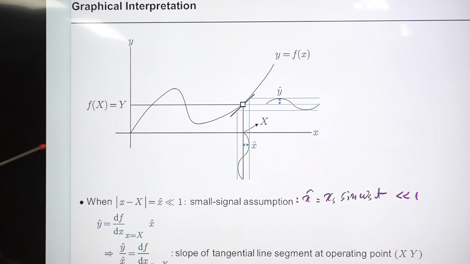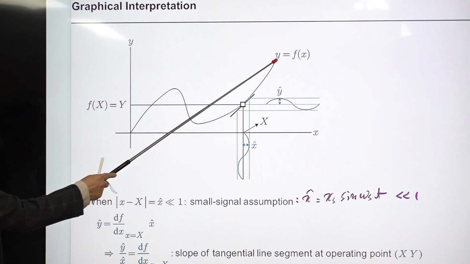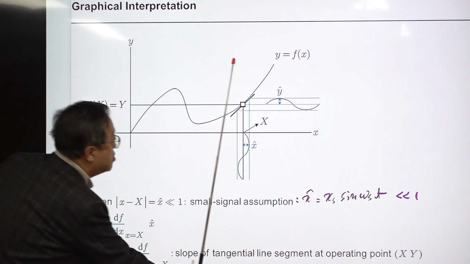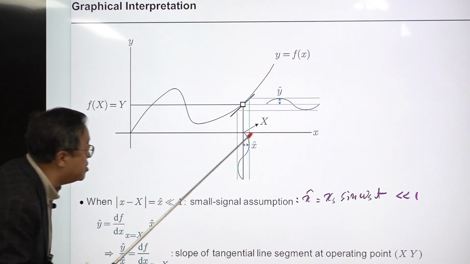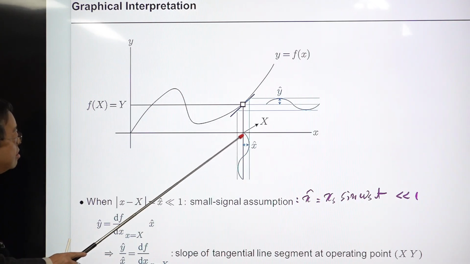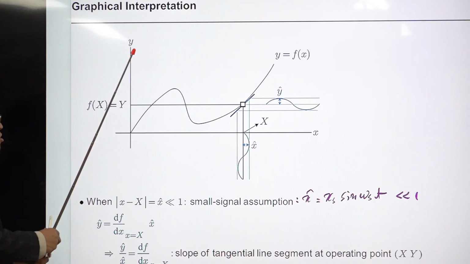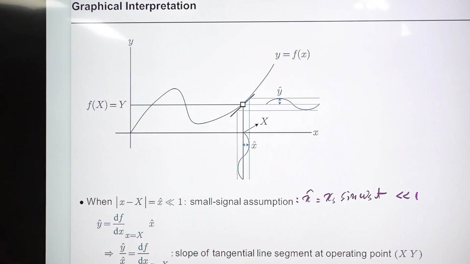This is the nonlinear relationship, y equals f(x). And x is this DC component, and the AC component is on top of this. So the variation of x is this much. Then you can use this nonlinear curve at this point.